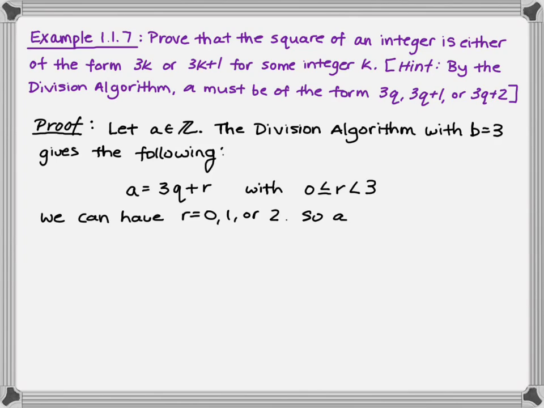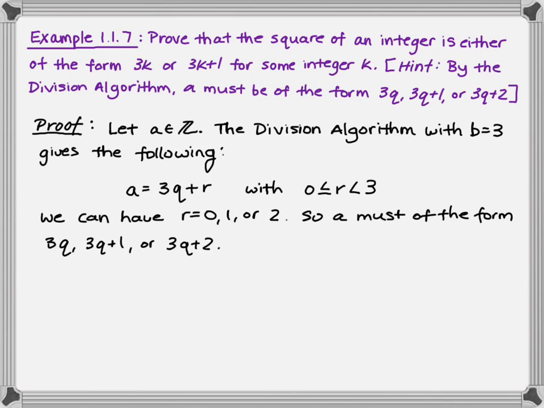So a has to be of the form 3q if r is equal to 0, 3q plus 1 if r is equal to 1, or 3q plus 2 if r is equal to 2. And so this is why this hint is true.